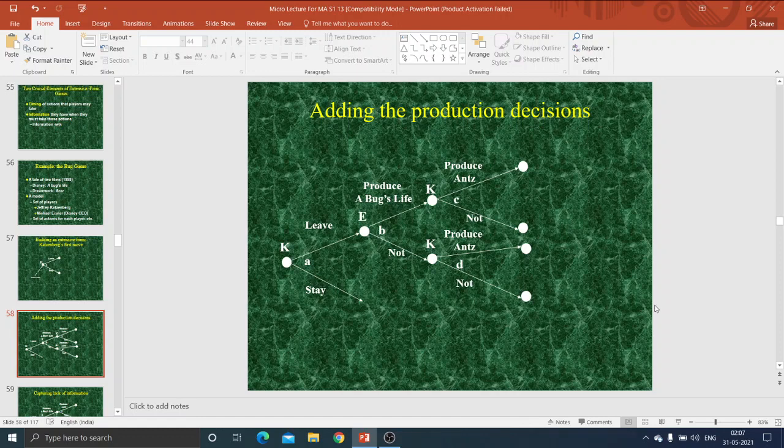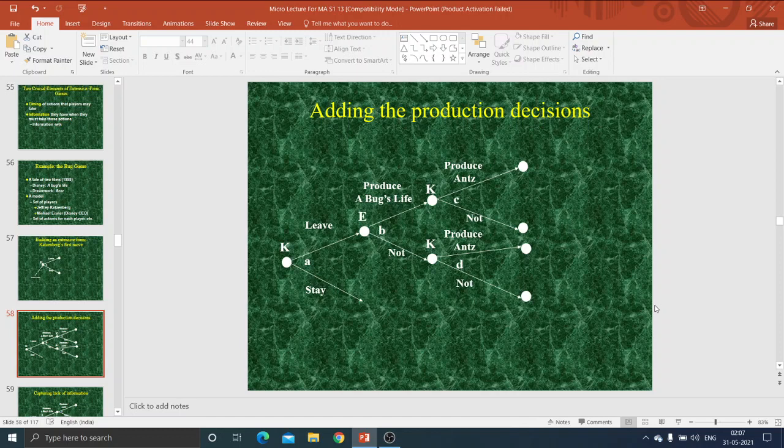So this is also another possibility: A Bug's Life being produced by Eisner, but Katzenberg produces Antz. Without even producing this, Katzenberg can produce Antz, or Katzenberg just refrains because nobody produced anything. So in that possibility, Eisner has not produced anything, therefore Katzenberg also does not produce. End of the story.